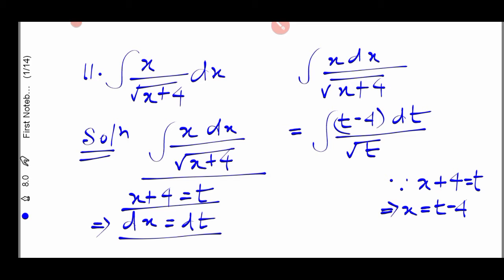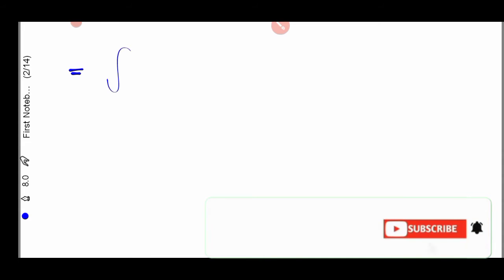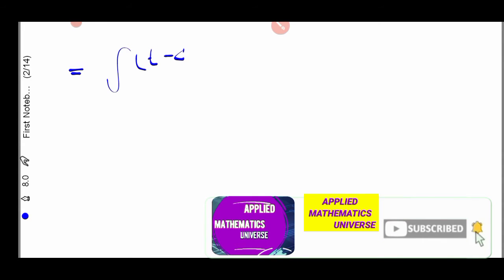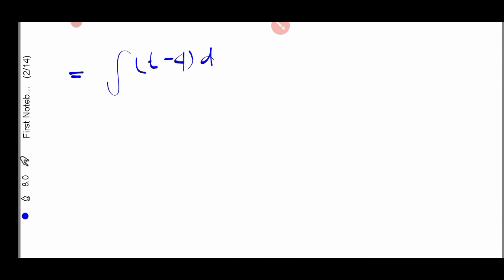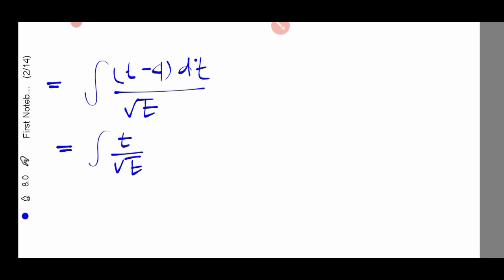Now from here on simplification, we have integration of t minus 4 dt divided by root t equal to integration of t by root t into dt minus 4, which is a constant, therefore it can be put outside the integration sign.